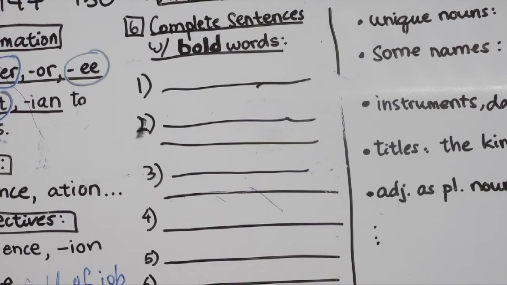Now let's do number one together, okay? Number one, the Prime Minister wouldn't say anything about the new tax law. Prime Minister is like the Chief Executive of Hong Kong, right? So Prime Minister, President, or the Chief Executive. The Prime Minister refused to say anything about a new tax law.